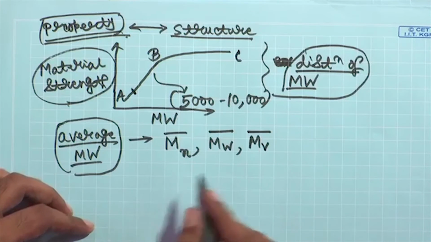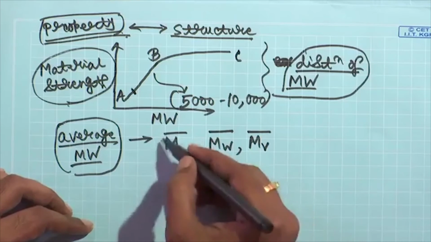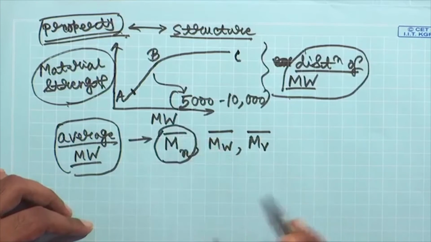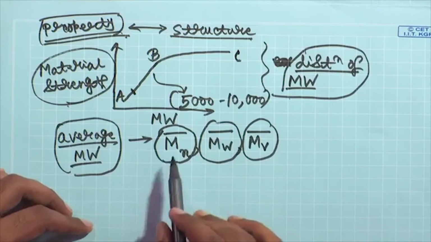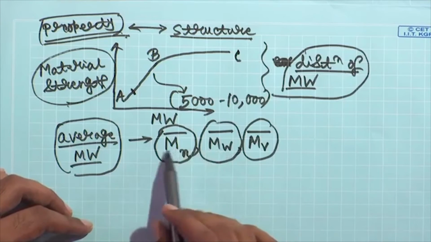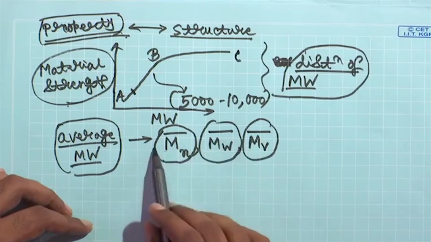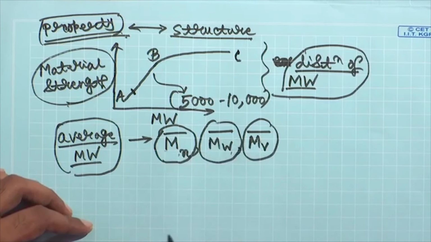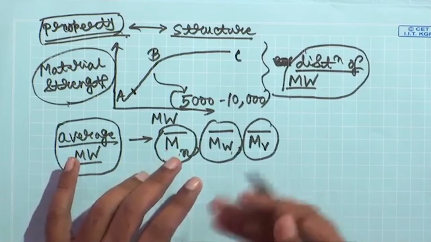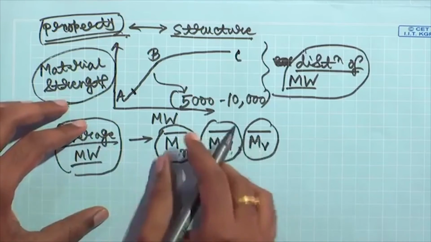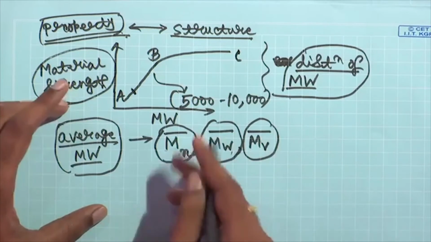If you are trying to find out Mn, Mw or Mv, you are using different kinds of experiments to determine these different molecular weights. Before we come to the experimental parts, let us have an expression for these, what the expressions of these different averages are.